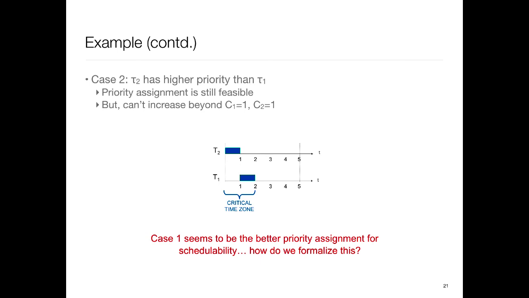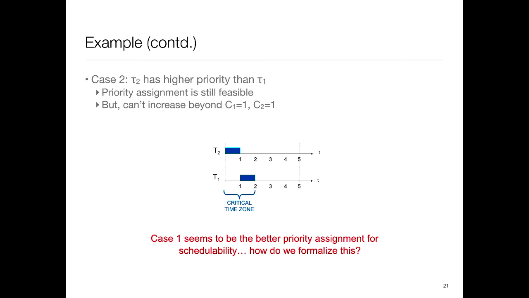So again, recall in this one, each task had a computation time of 1. Task 1, at the bottom, was arriving every 2 time units, and task 2 was arriving every 5 time units. And since I gave high priority to T2, which is not rate monotonic assignment, I end up in this situation that I cannot increase the CPU time anymore.